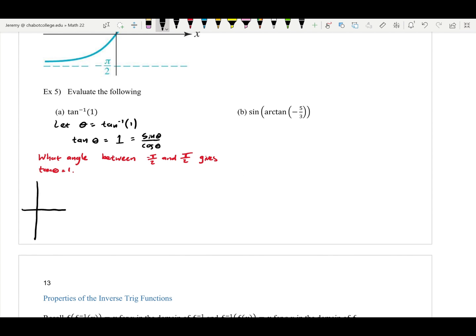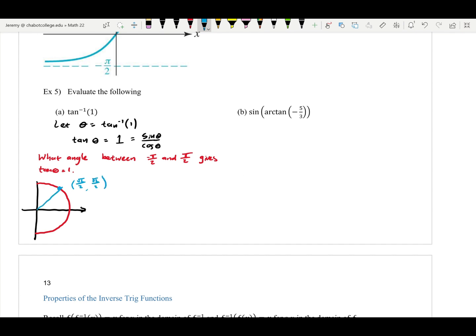So drawing my unit circle, it's going to be somewhere on the right half of the unit circle. So again, back to this thing, where are sine and cosine going to be equal to each other? That's kind of a little bit of a trick for this one. And I know that they're equal to each other right here, right? Because this is the ordered pair root 2 over 2, root 2 over 2.